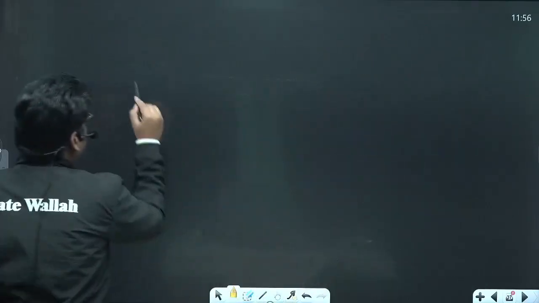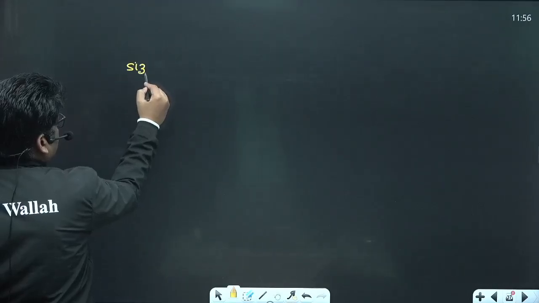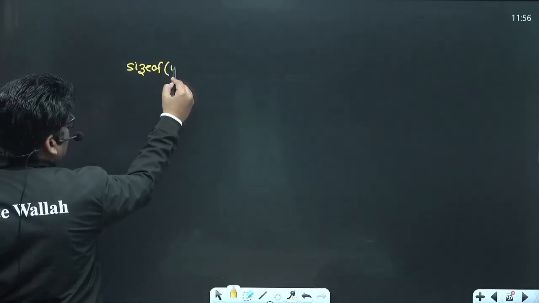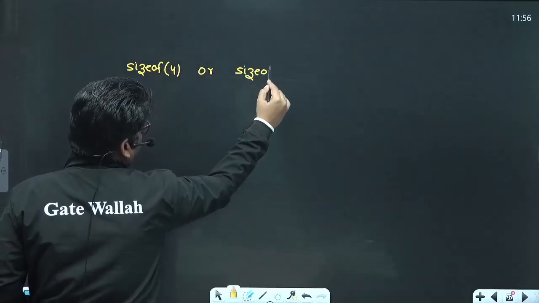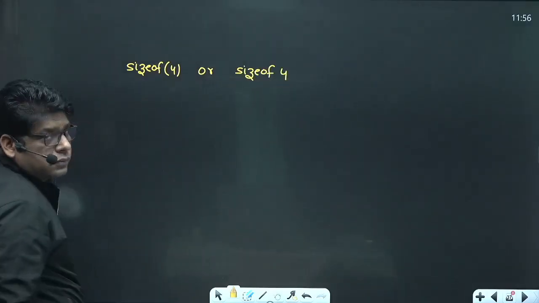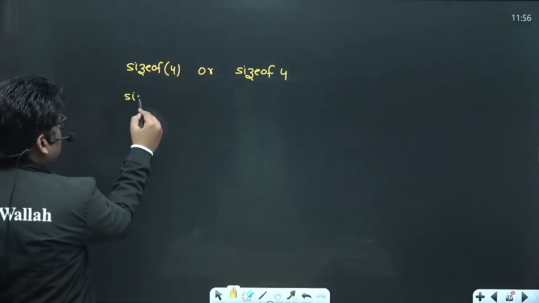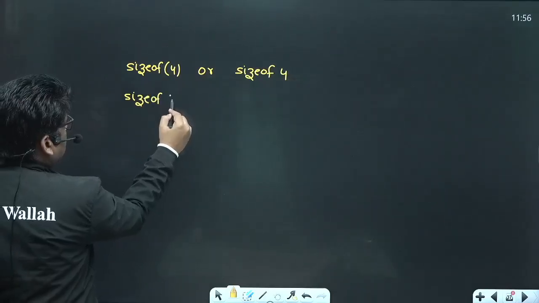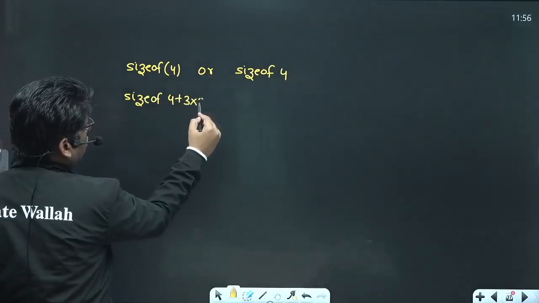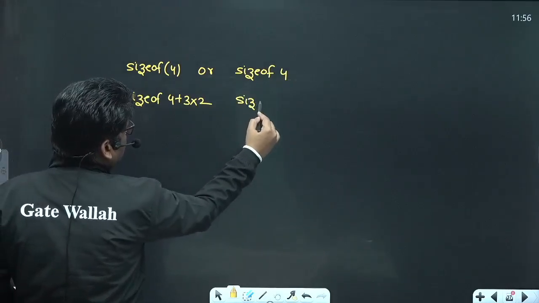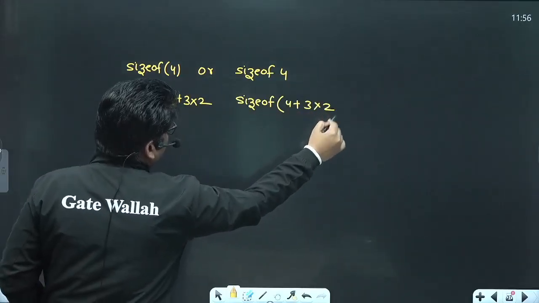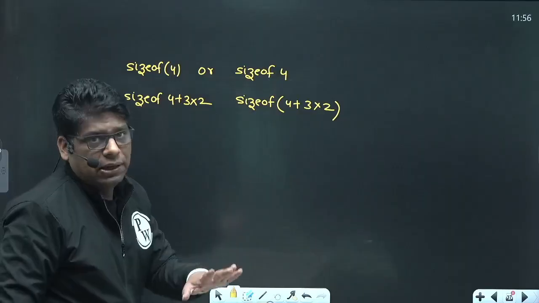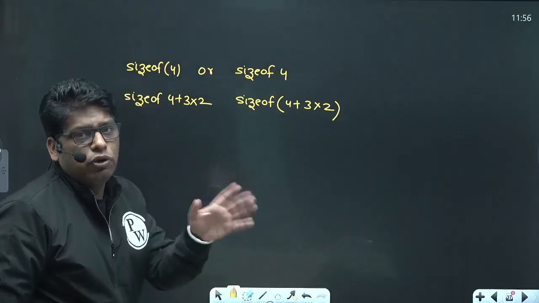That means, sir, if you write something like this or you write something like this, both are okay. If you are writing 4 plus 3 into 2, or you are writing something like this, there would be no error. That is another thing, what would be the result.